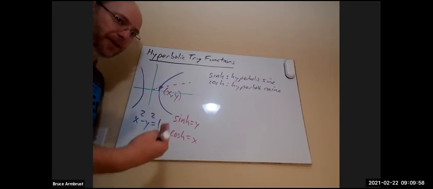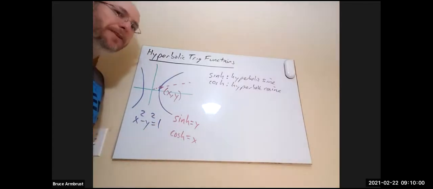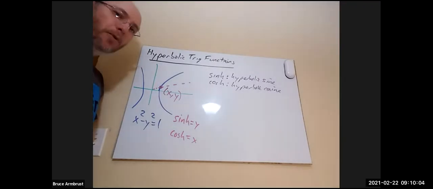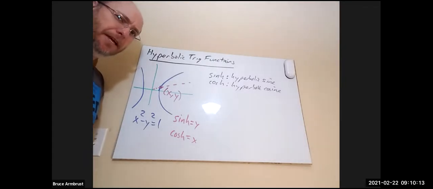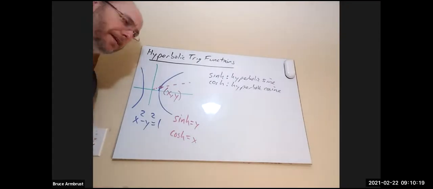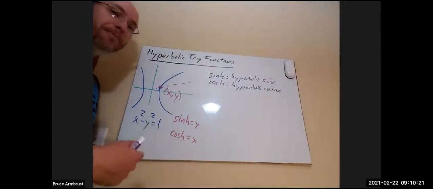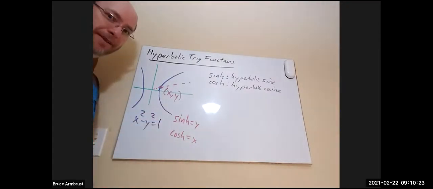Okay, that's the stretch, right? Why are we going to do all this trig stuff on a hyperbola instead of a unit circle? Well, that's mathematicians being mathematicians. Like, honestly, it's like, yeah, it's worked for a circle. I wonder what happens if we put it on a hyperbola. Next thing you know, we get all these functions that actually matter. Anyway, so that's where these things are coming from.